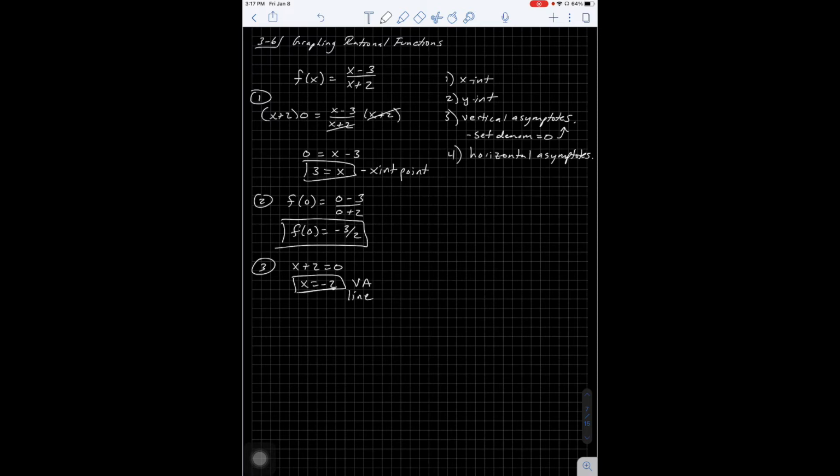Horizontal asymptotes are lines that dictate where this function goes for very large numbers of x and very small numbers of x. So, for example, if I was to draw a graph here, it's what happens way out here and what happens way out here. Now, it is an asymptote, so it is a line at the end of the day, but the line is kind of like a boundary marker for the big and small numbers of x.